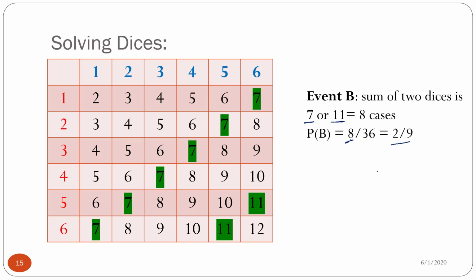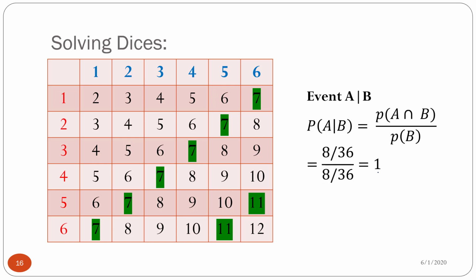Now we will move on to more complicated stuff, which is conditional probability. We need to compute now the conditional probability of A given B. What was A? A is saying that at least one of the faces showing up has to be even. What is the event B?